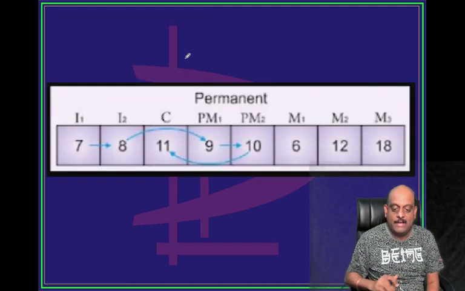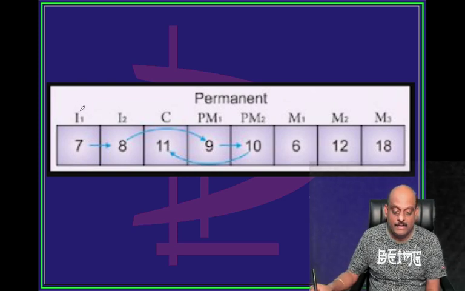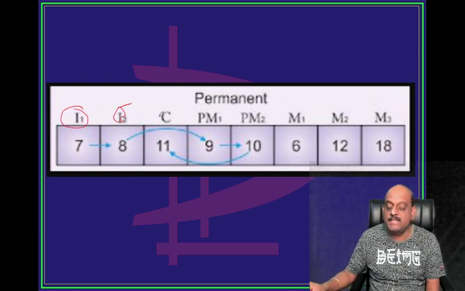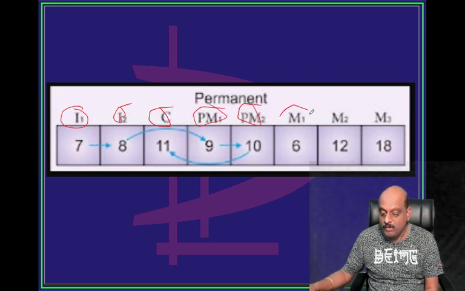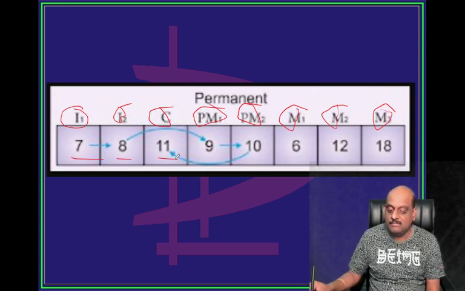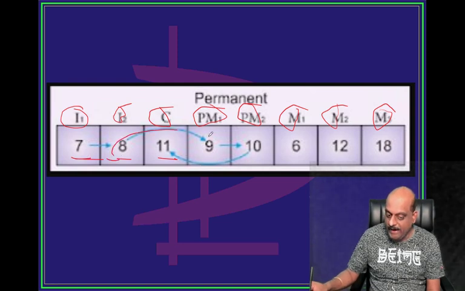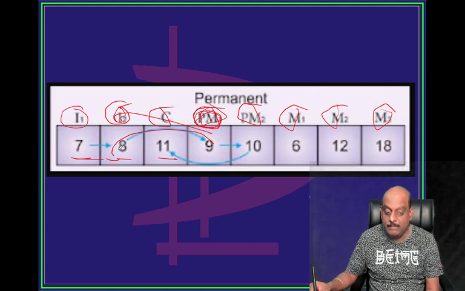Badhiya. Now how about the permanent teeth? First incisor, second incisor, canine, first premolar, second premolar, first molar, second molar, third molar. 7, 8, and after 8 comes 9. After the second incisor, the first premolar will come in permanent teeth.